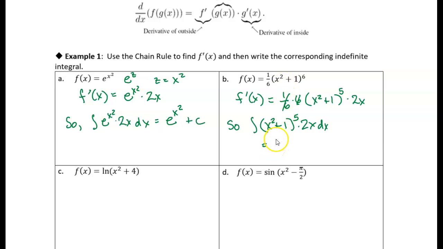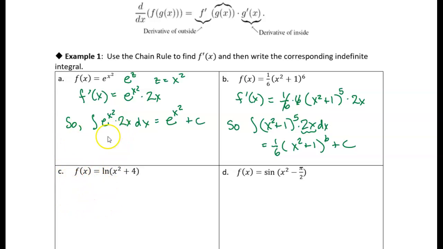So it's going to be 1/6 times x squared plus 1 to the 6th plus c. So notice, when you see an integral and you see the inside, you can kind of see the derivative of the inside function appearing here. So that's kind of a clue with these problems that we're going to be working on. But let's keep going here.